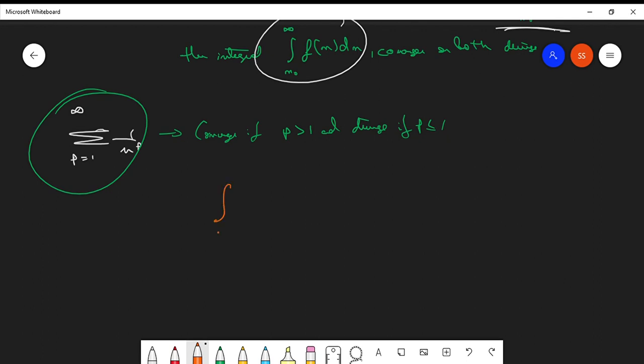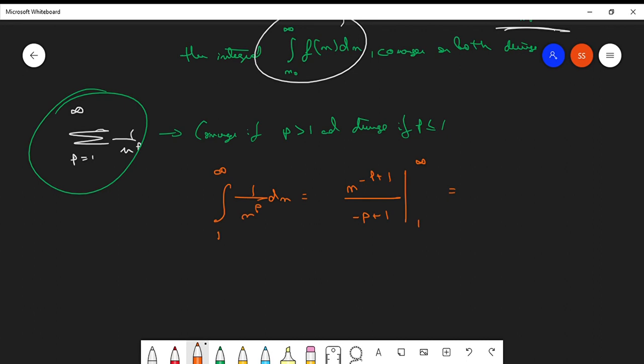What will be the value of the integration from 1 to infinity of 1 over n to the power p dn? This will be n to the power minus p plus 1 over minus p plus 1, from 1 to infinity.